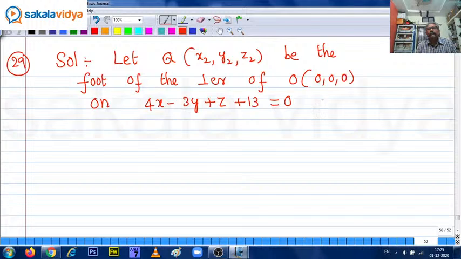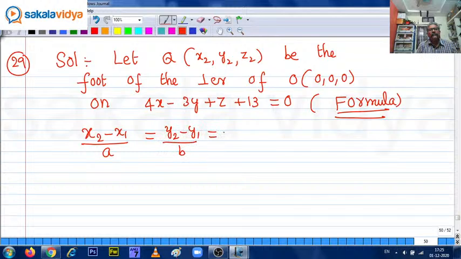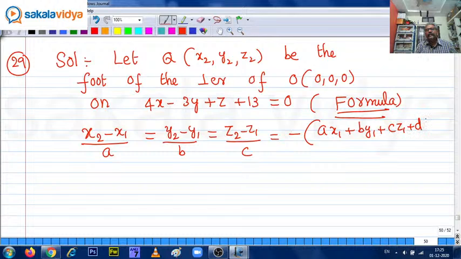So we have the formula. Just like straight lines, in plane also we have the formula for the foot of the perpendicular. What is the formula? (x2 minus x1) upon a, the x coefficient, equals (y2 minus y1) by b, equals (z2 minus z1) by c, equals minus of (a x1 plus b y1 plus c z1 plus d) upon (a square plus b square plus c square).